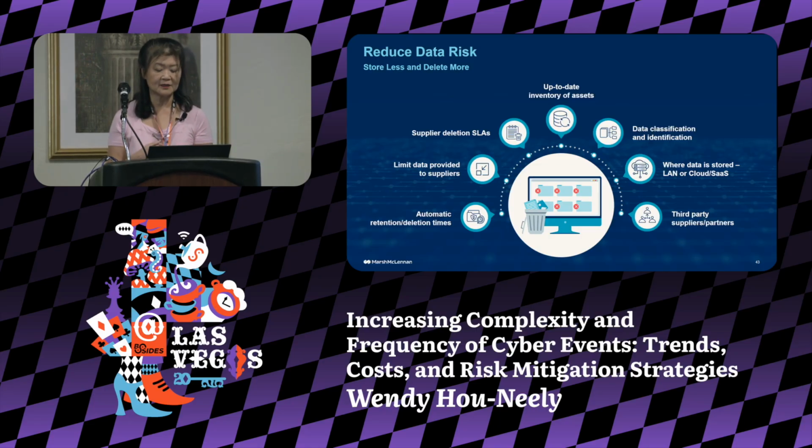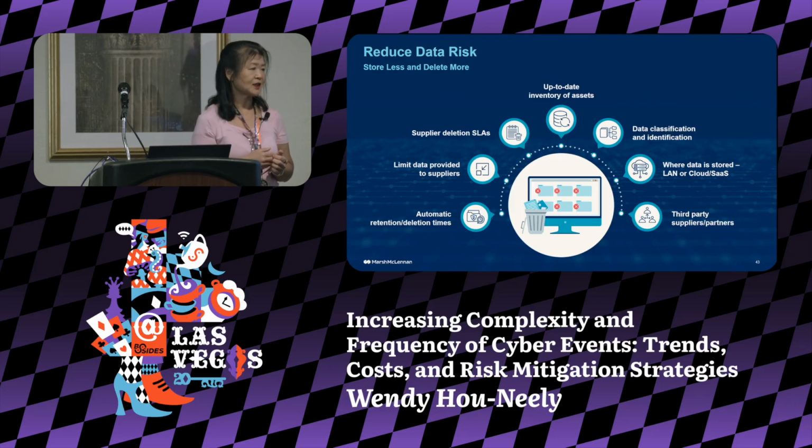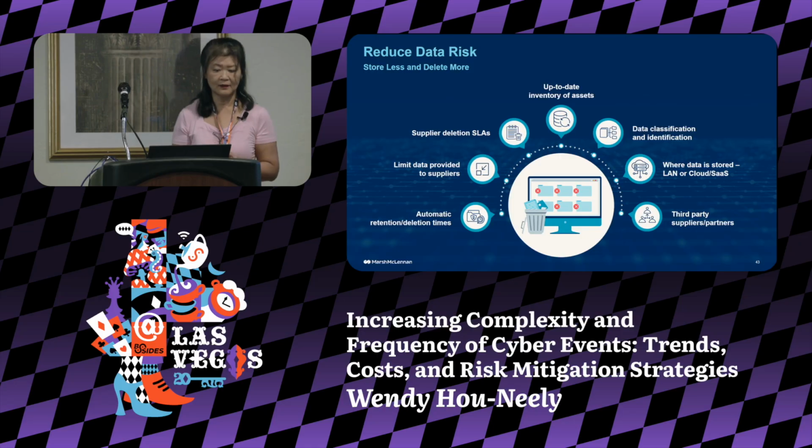Understand where your data is stored, whether it's in the LAN, public cloud, private cloud, or software-as-a-service, and any third-party suppliers, as well as third-party consumers of your data. Understand what they're doing, why, how, and what laws you need to comply with in order to supply that data to the partners.